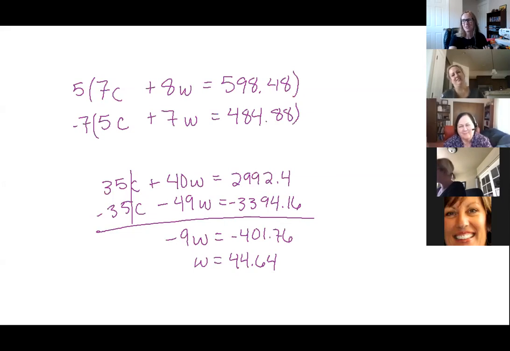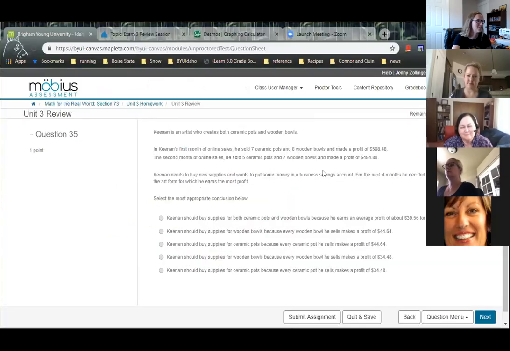Yeah, this is why I prefer this method. It does come out easier, I think. And so let's take a look at our answers over here. So we know that the 44.64 is his profit from the wooden bowls for one wooden bowl. And so this is accurate right here, but may not be his best way to go.